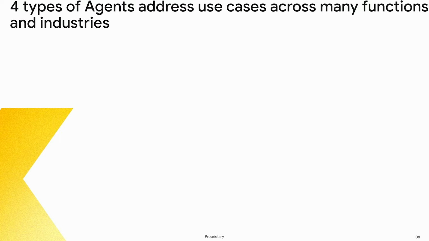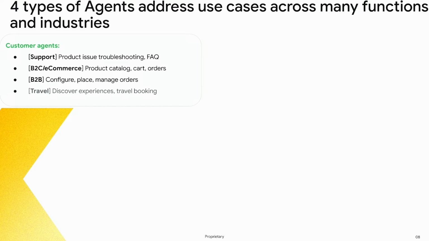If we look across all our customers, there are essentially four types of agents that are being used to address a plethora of use cases. This spans multiple functions within the company, as well as multiple industry verticals. The first one is customer agents. These are customer-facing agents used for support use cases, B2C, and it could be B2B as well.